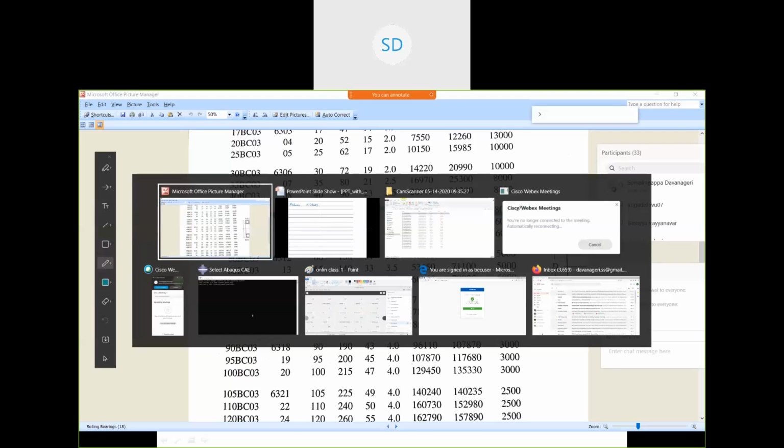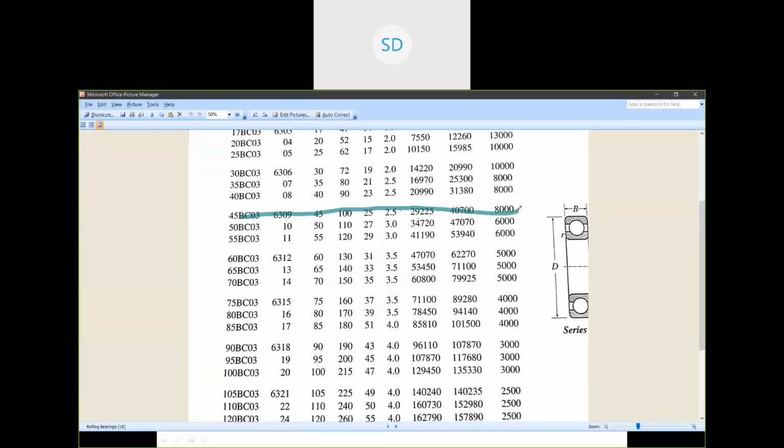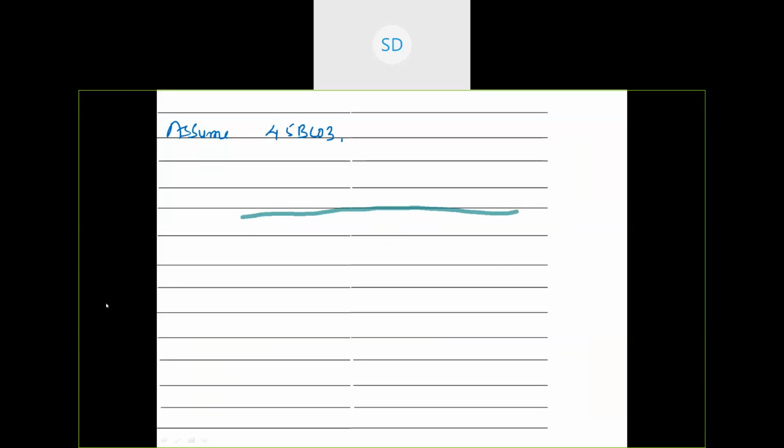We'll note values here. 29225. So now static load is how much? 29225.